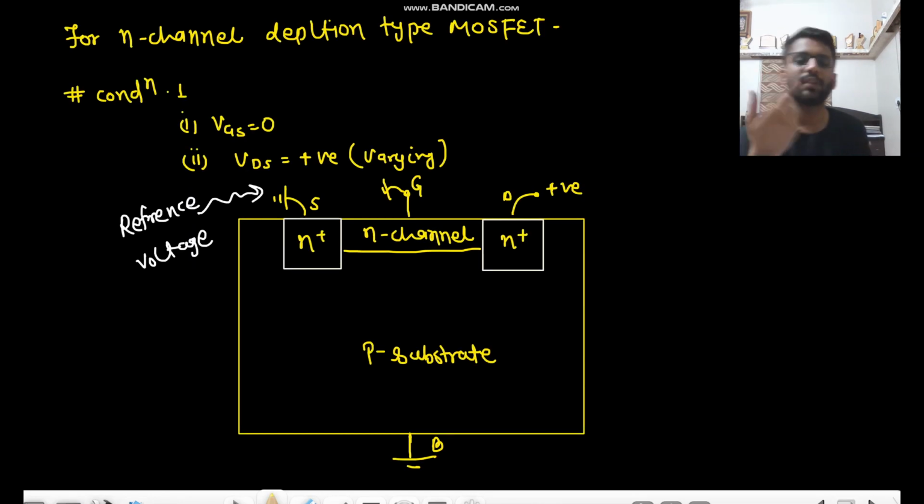What you see here is that n plus is highly doped. This is highly doped, this is also highly doped, and this is less doped than this one. If it is highly doped, it has more charge carriers and then it has more conductivity, right?